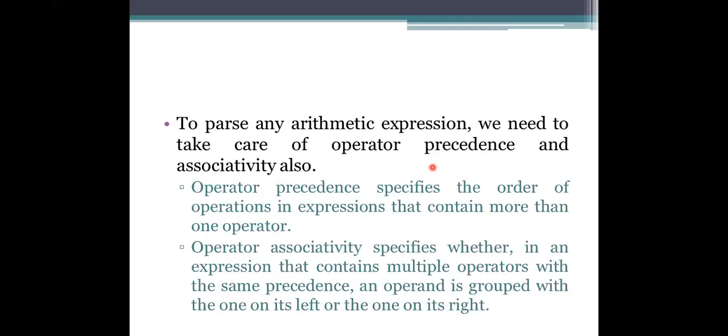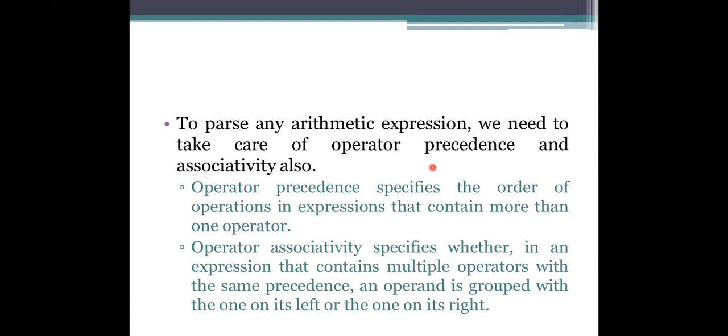As I said, we are using operator precedence here, and we also need to provide the associativity. Precedence means deciding which operator has to be evaluated first. And what is associativity?